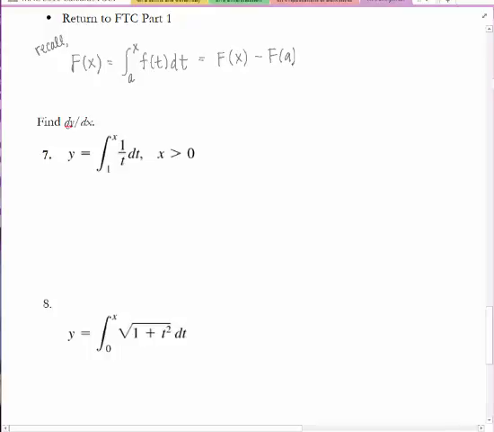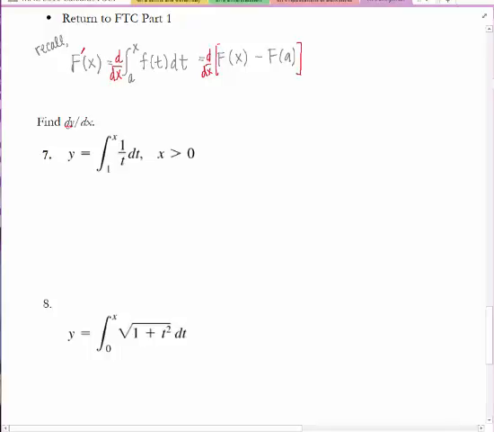What happens though if we take the derivative of this function? Well, now that's the derivative with respect to x of the definite integral, or the derivative with respect to x of this thing that we just now evaluated.